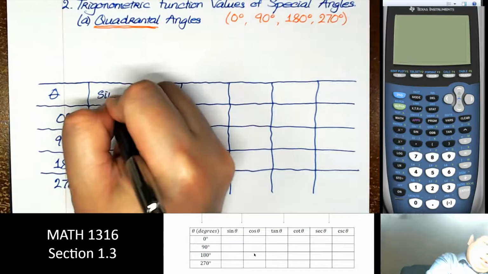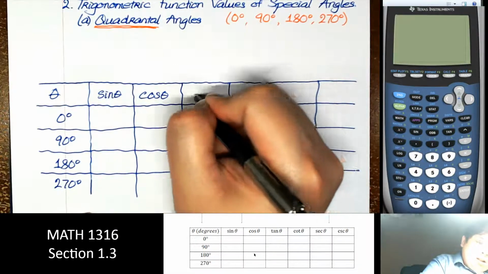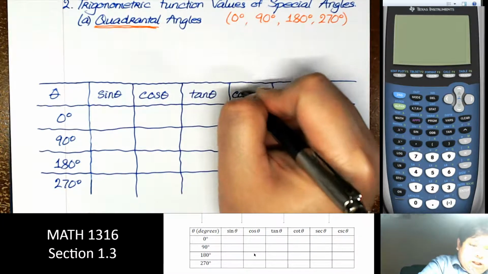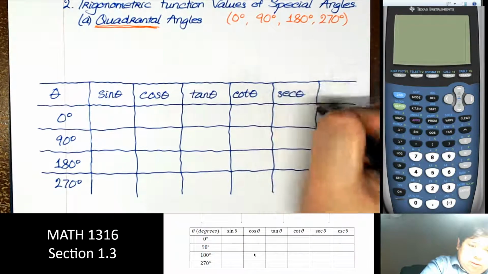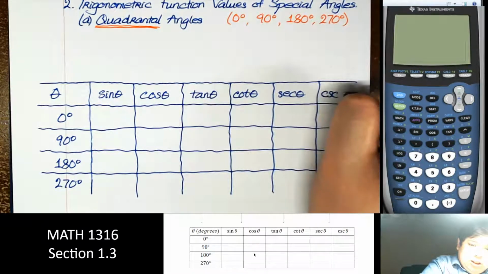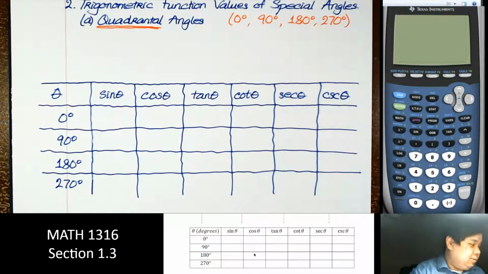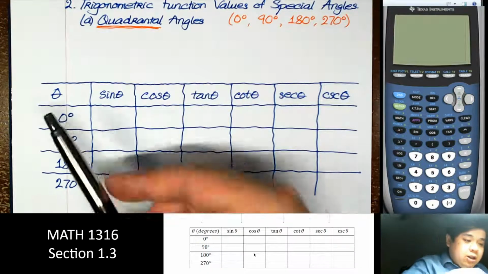Sine, cosine, tangent, cotangent, secant, cosecant. Right. Now first, the zero angle.